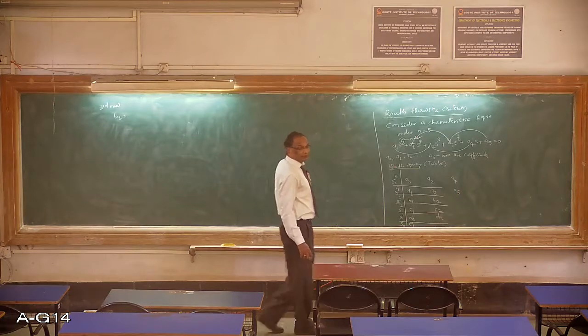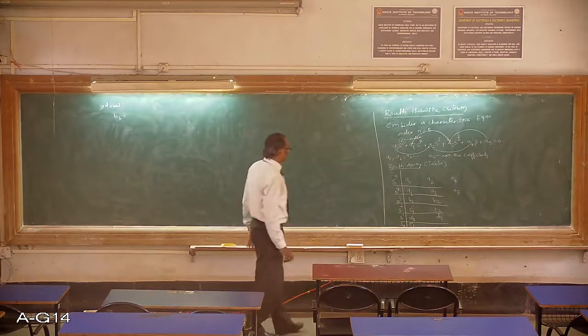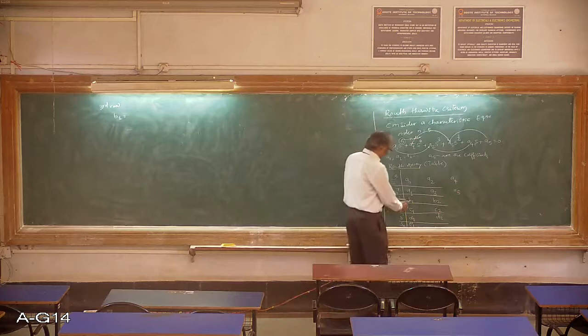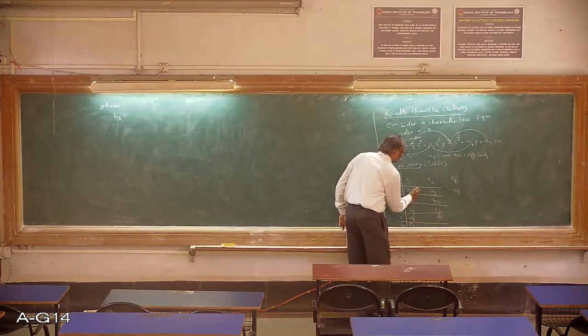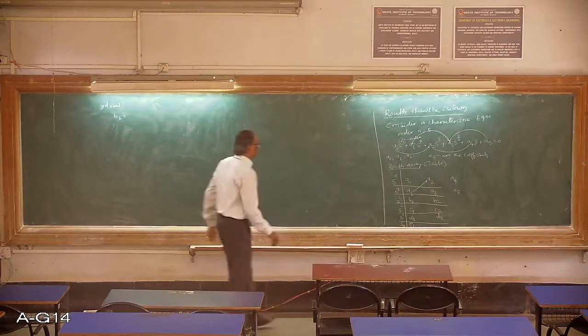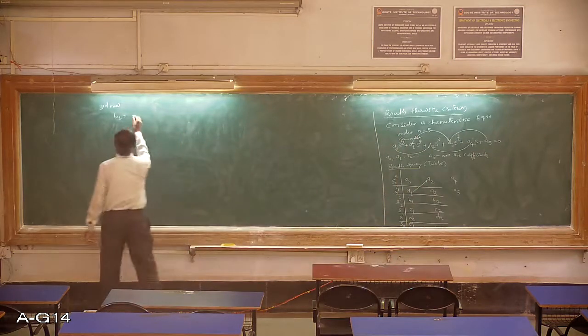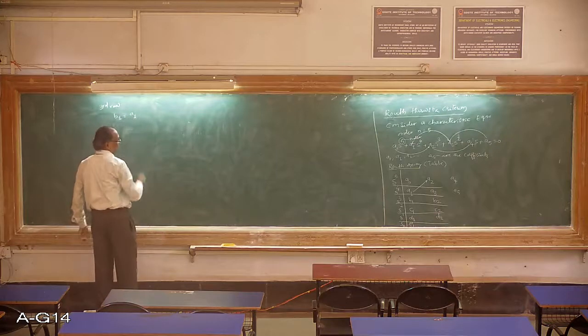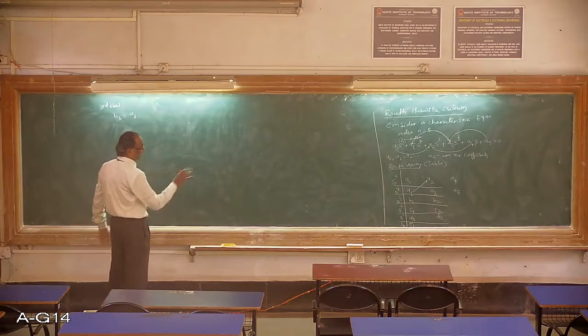To get B1, you have to get the determinant. The determinant will be obtained from A1 into A2. This is not like the determinant in your matrix, it is a little bit reverse.